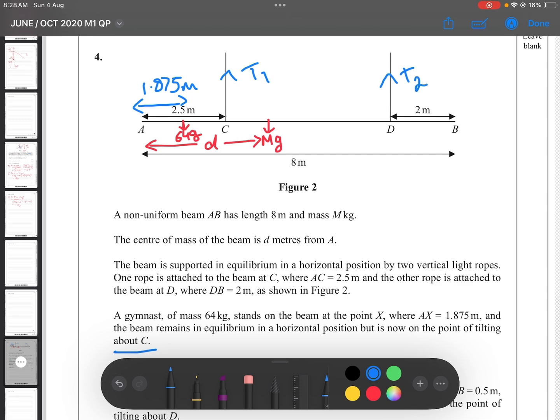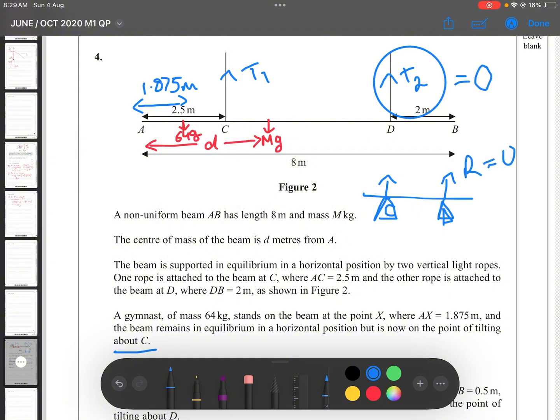When they say tilting about C, it means that this tension T2 is going to be equal to 0. If it was a pivot, imagine this is C and this is D, there would be a reaction force acting upward. If they had said tilting about C, then the other reaction force would be equal to 0. Please make sure to keep that in mind.